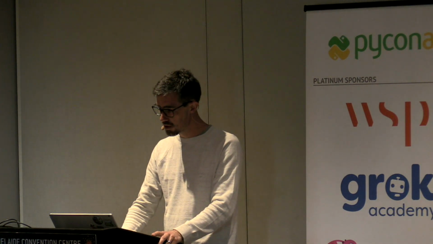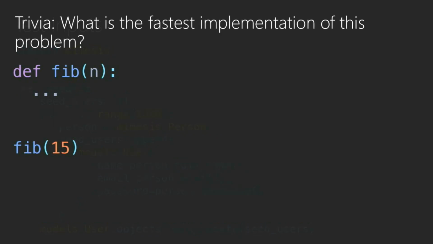Cool. So here's a test question for you. What is the fastest implementation of this problem? So return 610 is definitely the most efficient way of implementing that function. And it's the same when it comes to web apps.